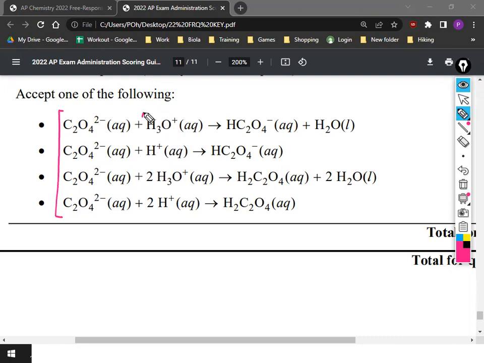So the acidic component of water, and then you just need to balance that equation, and these are what comes out of it. So again, I'm going to put it up on Canvas so you guys can take a look at it and think about how that works. But the key is you have to have the oxalate ion, and it's going to react with the acidic component. And then you just need to balance the equation from there. That's it.